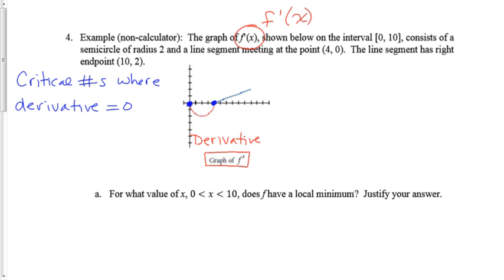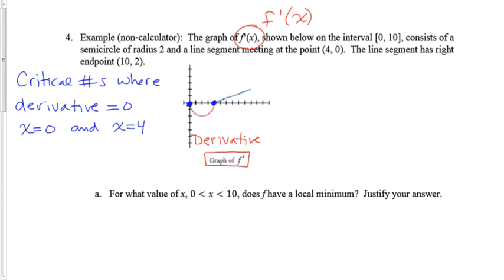So my critical numbers are at x equals 0 and x equals 4. At this point, we need to determine whether we have a local minimum or a local maximum at each of these values.